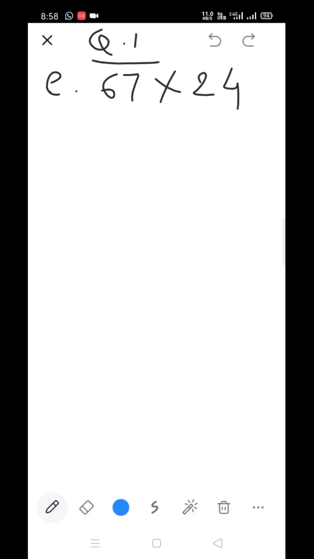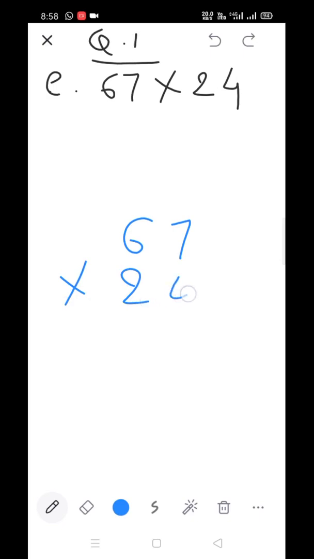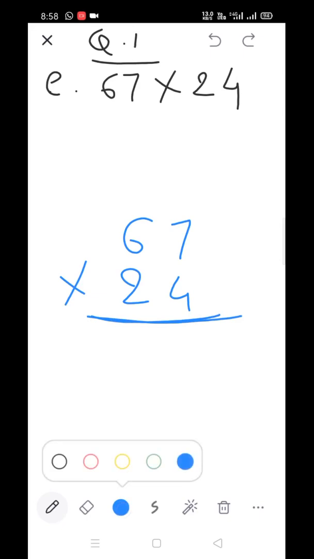Okay, so firstly I'm going to arrange them vertically. 67 multiplied by 24. Write down the places, ones, tens.